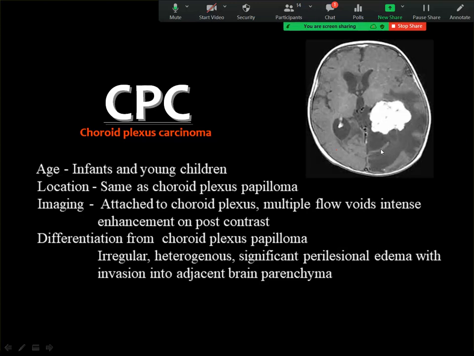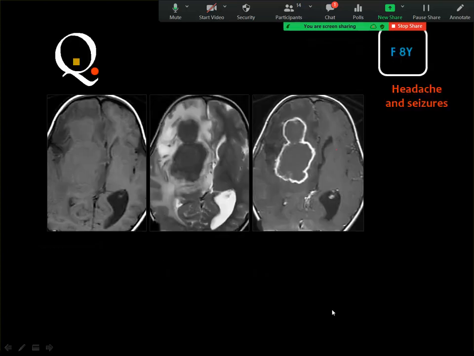But the only difference is you got extension of the tumor outside the ventricle. How can you know this? By the presence of extensive perifocal brain edema around the lesion. Of course, the choroid plexus papilloma is not surrounded by edema. It is isolated from the brain surface by the ventricular wall.